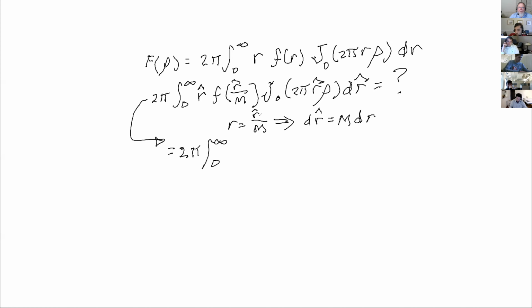So r hat is equal to m r, right? And then we get an f of r, and then J naught of 2 pi, and we get an r over m times dr hat, which is equal to m dr.